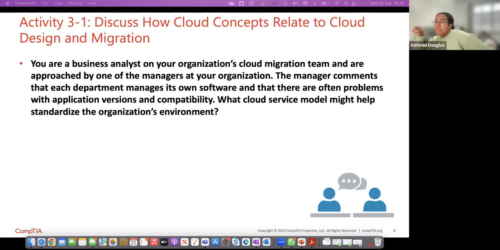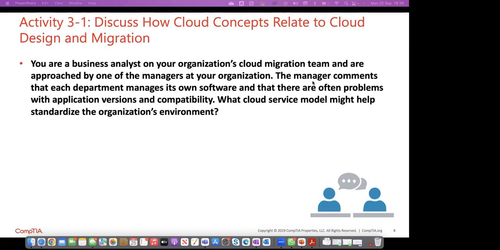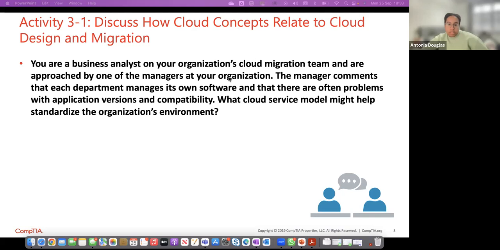What cloud service model might help standardize the organization's environment? I think software as a service, because organizations can rethink how their software is being managed. Yep, I'm seeing SaaS on demand.